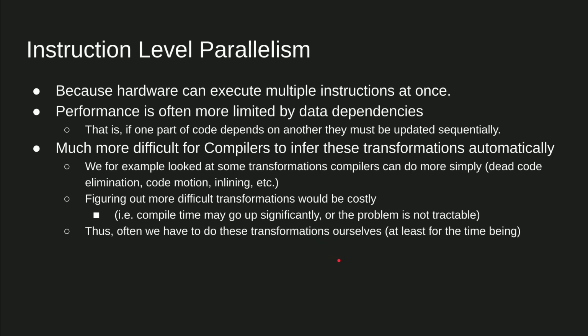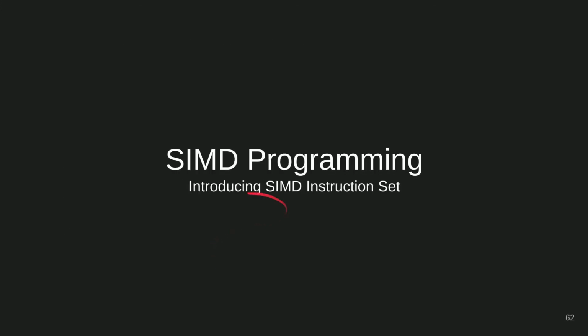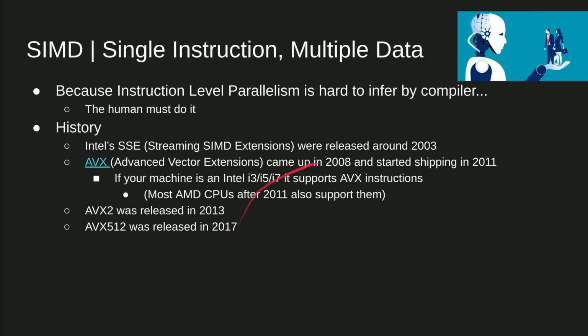For compilers to figure that out is kind of difficult. But for us as humans to say, oh yeah, we're just multiplying x, y, and z by some scalar value, that's pretty easy to figure out. Some compilers are pretty good and can figure it out, but not always. So we need to know a little bit more, and this is the idea of SIMD programming. Intel released these things called the Streaming SIMD Extensions, that's what SSE stands for.